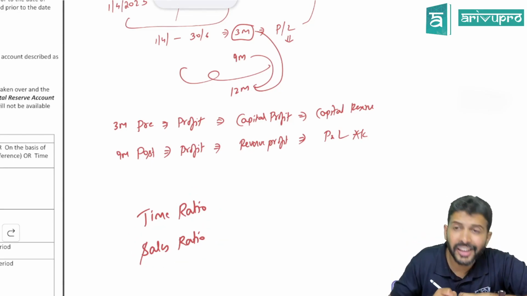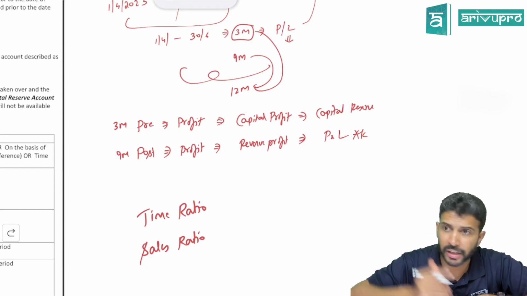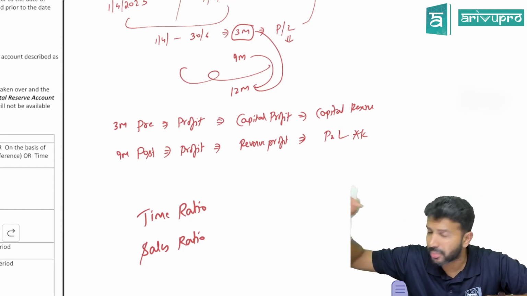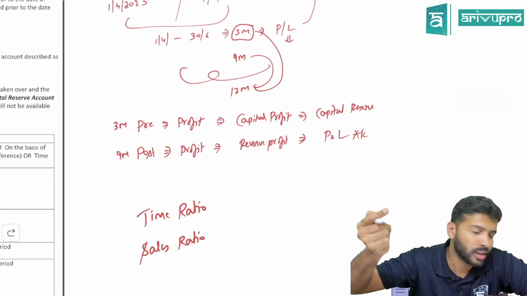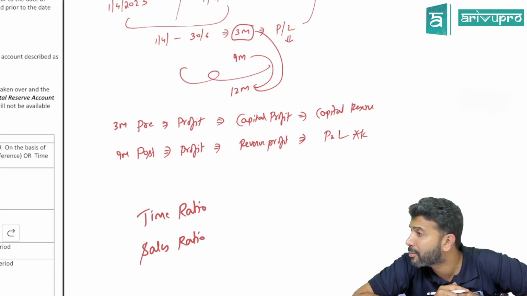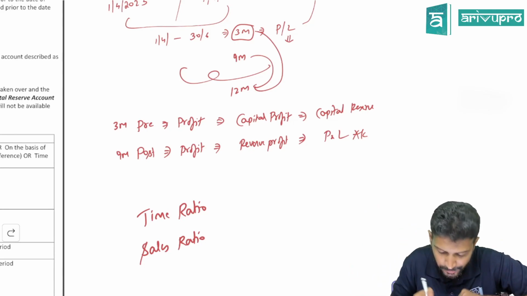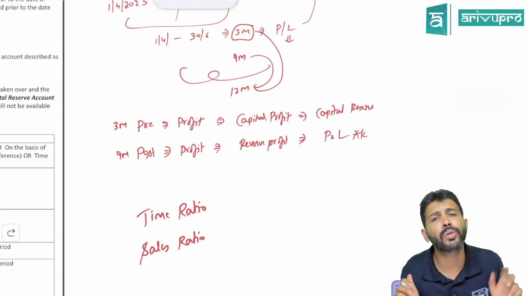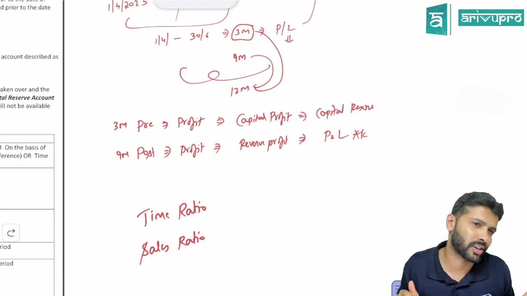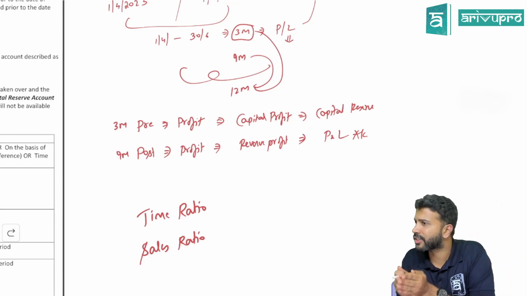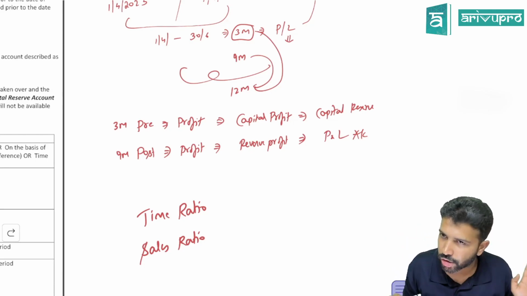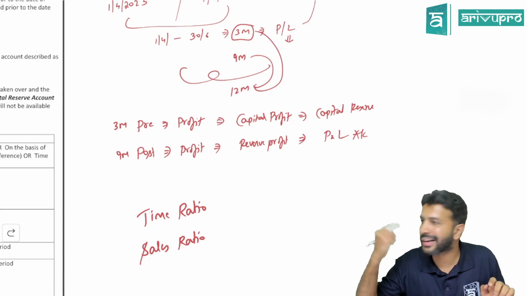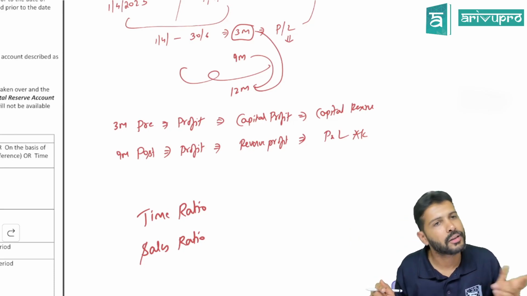How about salesman's commission? They will give you various expenses, various incomes. Salesman's commission you will pay to generate more sales. So salesman's commission is expressible more clearly with respect to what? Sales. Hence you will distribute that in sales ratio. So any expense which is expressible in terms of time will be distributed in time ratio. Any expense which can be related to sales will be done in sales ratio.